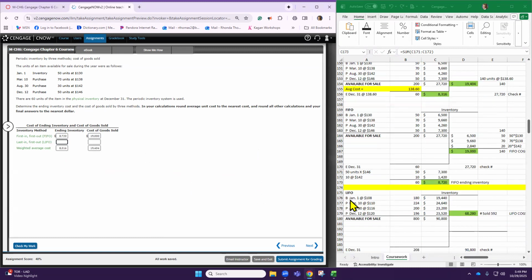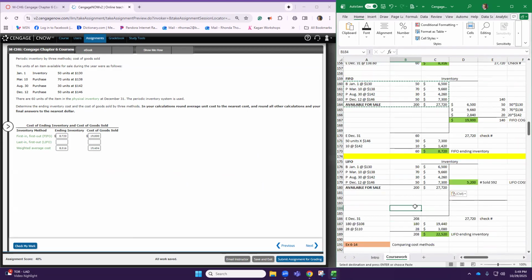Okay, so guess what? We get to use this again. So I'm simply going to copy it and bring it down here, ready for LIFO. Okay, and on December 31st, we have 60 units. So we're going to get rid of this because we got to put different numbers in. Okay, and this is last in, first out.